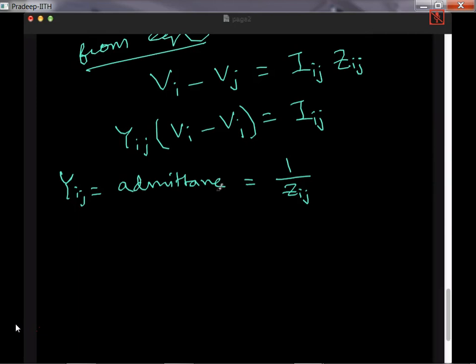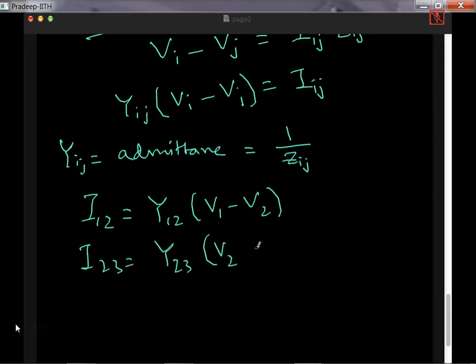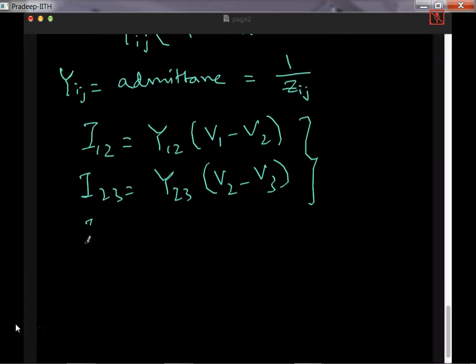So now if I want to write what is I12, I12 is nothing but Y12 into V1 minus V2. What is I23 is nothing but Y23 into V2 minus V3. So it's a general structure. So what is I14 is nothing but Y14 into V1 minus V4, and so on, like this.